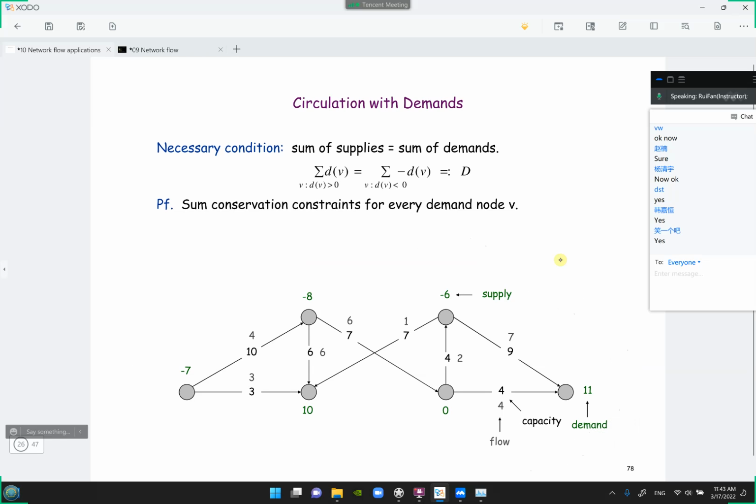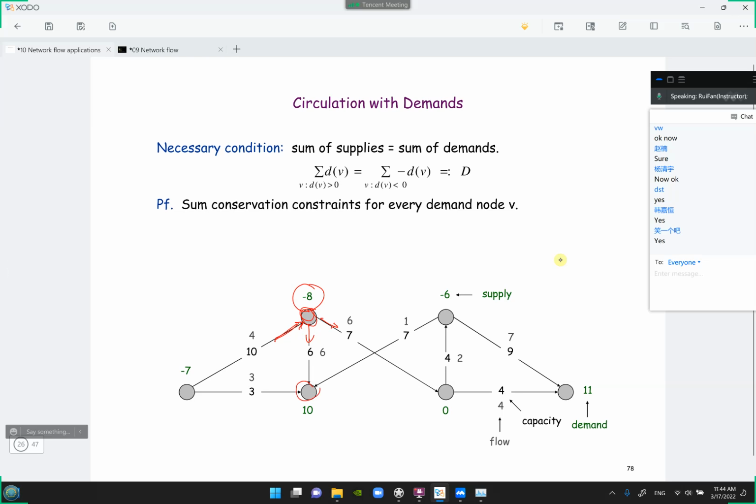What I mean by that is you see these green numbers on top of the nodes. If you have a negative number, then this node is generating flow. What it wants is that if you take all the flow coming into this node and subtract all the flow going out from this node, this equals -8.